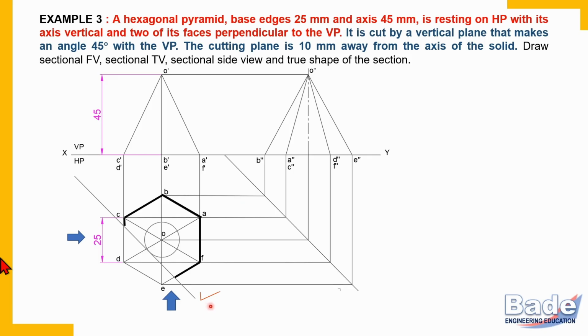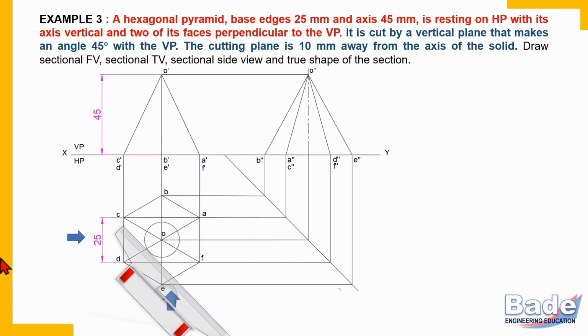Now, how to draw a line exactly at 45 degrees and touching the circle? Try to understand. In this diagram, we already have a line at an angle of 45 degrees. This line we have drawn for the side view. Set the roller with that line.